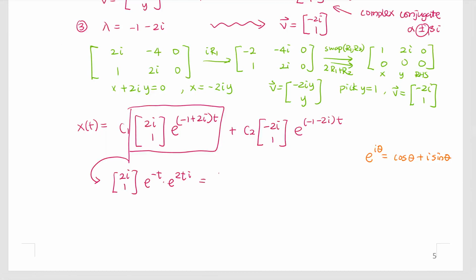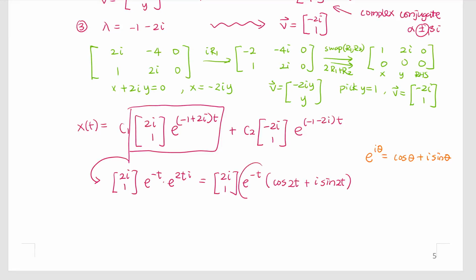So here we have 2i, 1, e to the minus t times cosine 2t plus i times sine 2t. So far, so good, everybody?